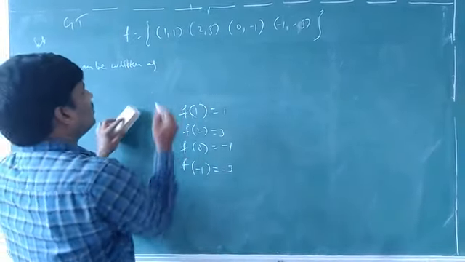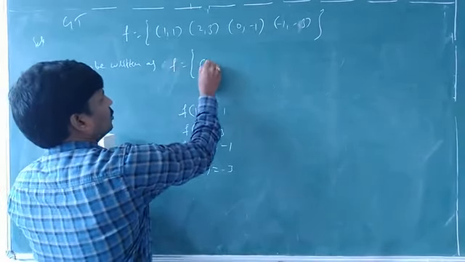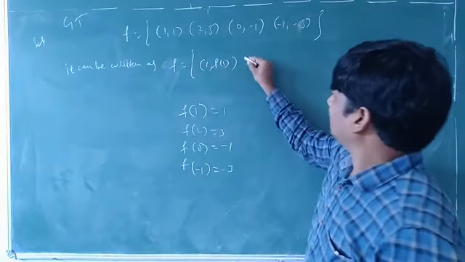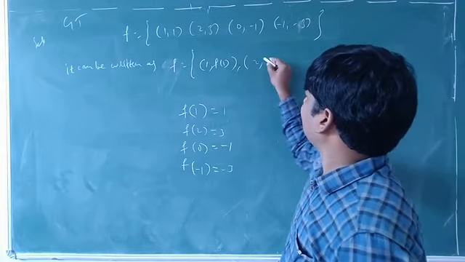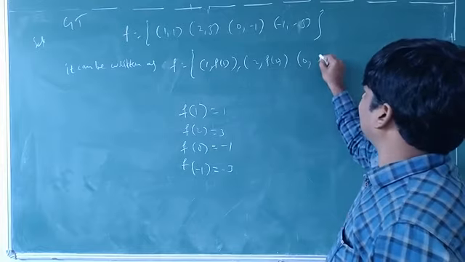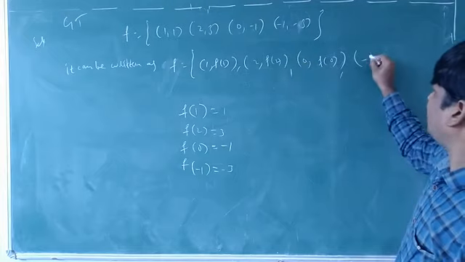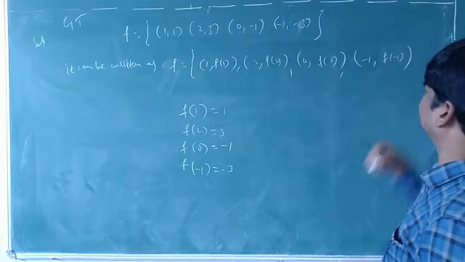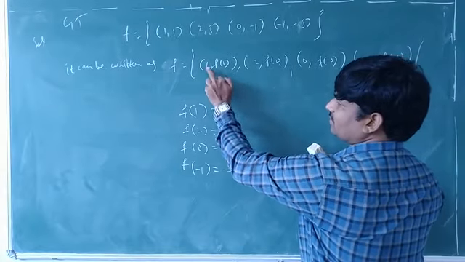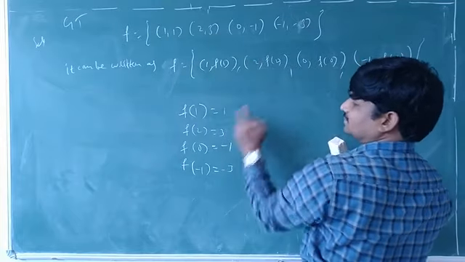Okay, here see. What can we write for this value? It can be written as f equals {(1, f(1)), (2, 3) meaning f(2), (0, -1) meaning f(0), (-1, f(-1))}. Here x value 1, f(1) value 1 only. 2 comma, f(2) value 3.